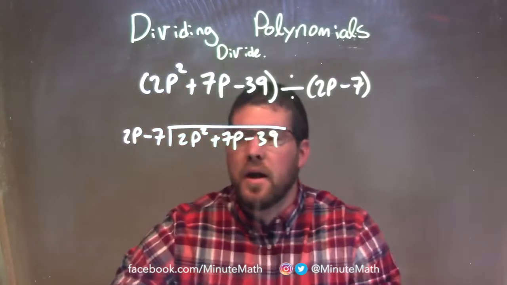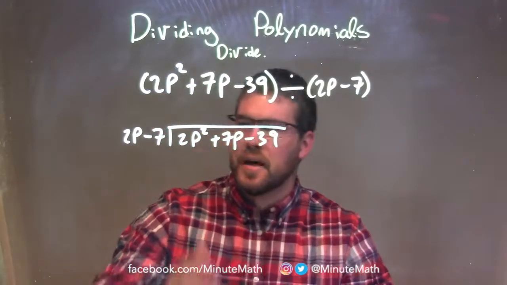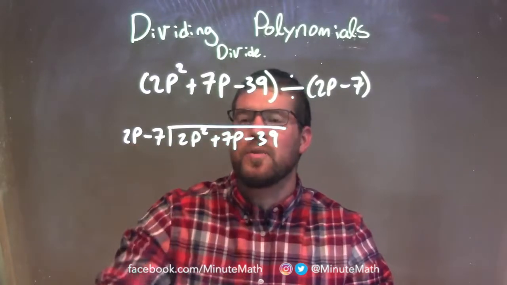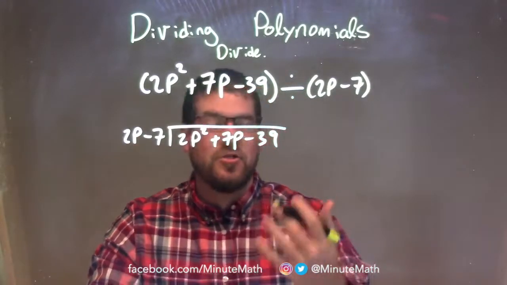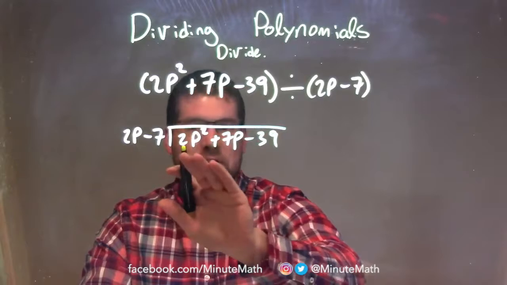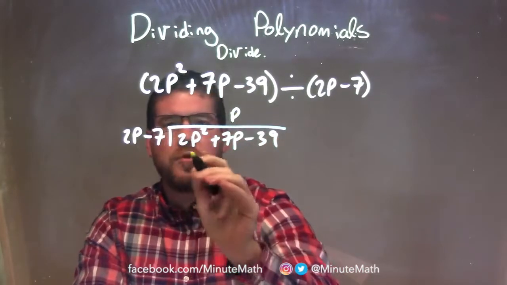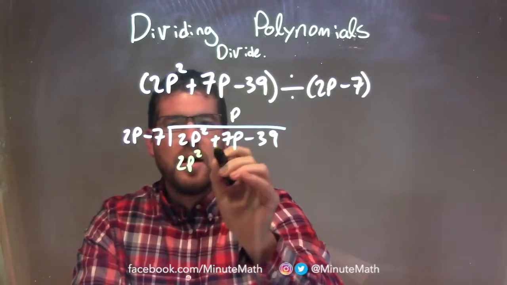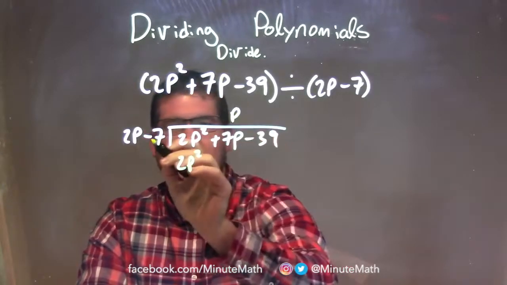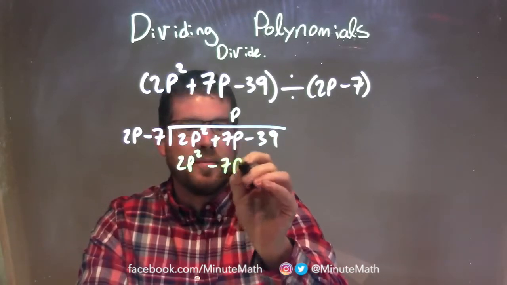Now I ask myself, what times 2p gives me 2p squared? That's just p. So I put the p in the place value where the p is. p times 2p is 2p squared. p times minus 7 is a minus 7p.